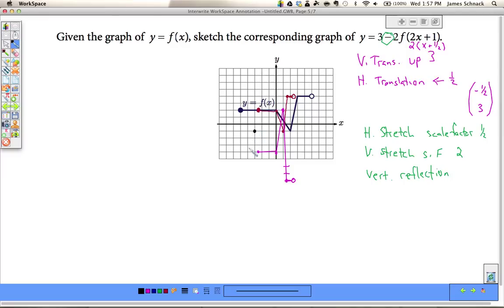Those of you that like using colors, this is a very appropriate section for it. Otherwise, erasers are real good to get rid of all these extra points that we don't really need anymore. But everything's just bumping over 1/2 and going up 3.